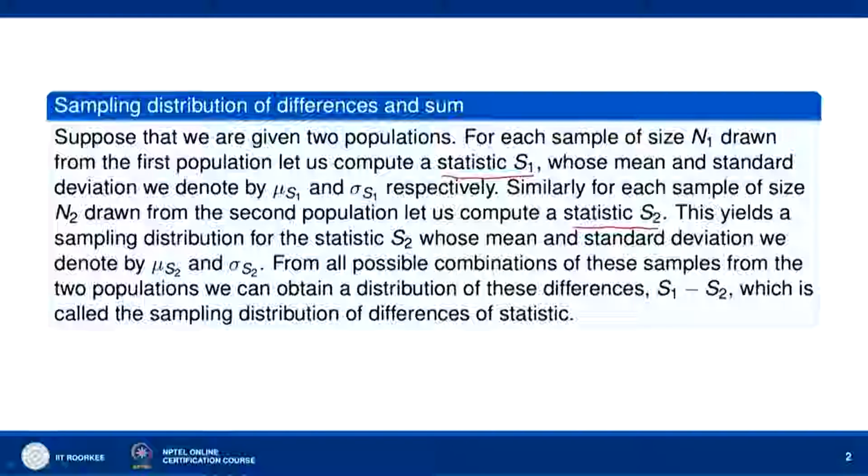This yields a sampling distribution for the statistic S2 whose mean and standard deviation we denote by mu S2 and sigma S2. From all possible combinations of these samples from the two populations, we can obtain a distribution of these differences S1 minus S2, which is called the sampling distribution of differences of statistic.